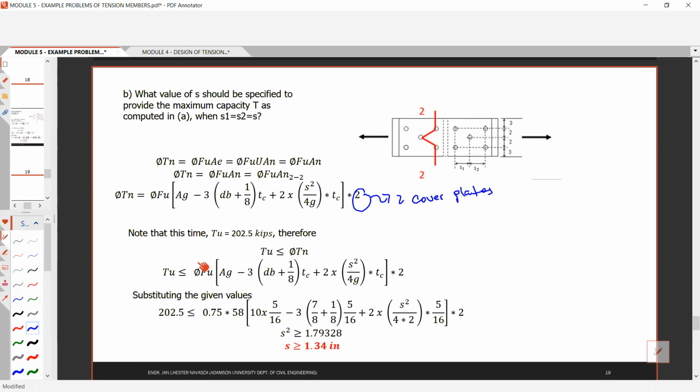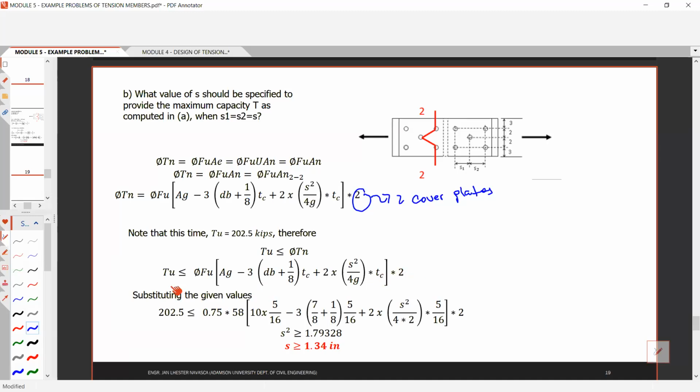Therefore, we are equating your demand to the capacity, which is Tu less than or equal to phi Fu times Ag minus 3 times diameter of the hole times the thickness of the cover plate, plus 2 times S squared over 4g times thickness of cover plate times 2 cover plates.